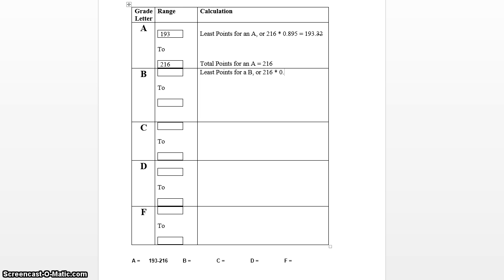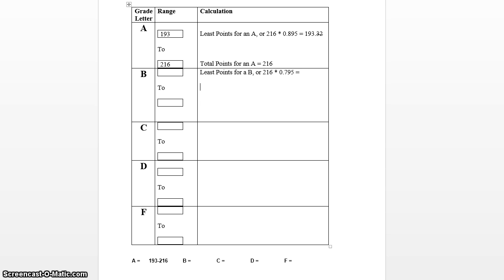It's around 80%, right? But in my class I told you if you get a 79.5 percent of the total, then you get a B. So for me it's 0.795. That'll tell us how many points are equal to 79.5% of the total. All right? That's the least points calculation.